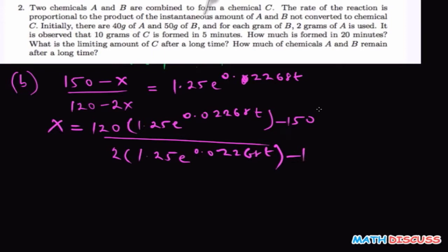And then this is going to give us 150. When you multiply 120 times 1.25, you have 150 e to the power 0.23 t, approximating 0.2268, minus 150 divided by 2.5.